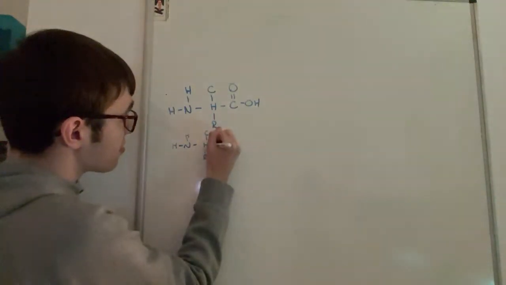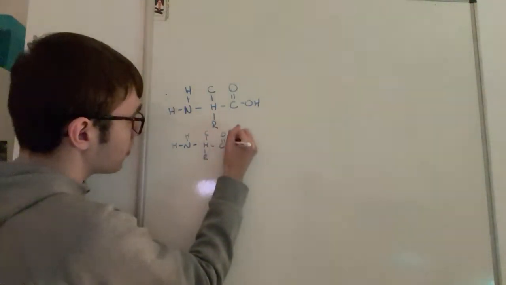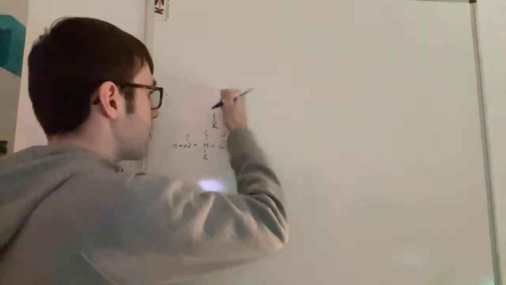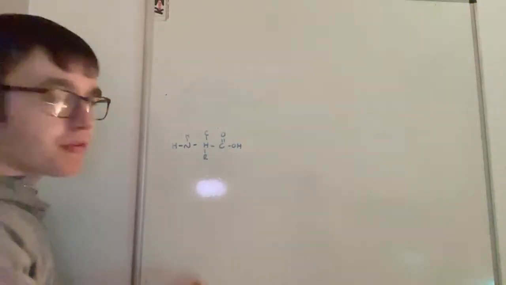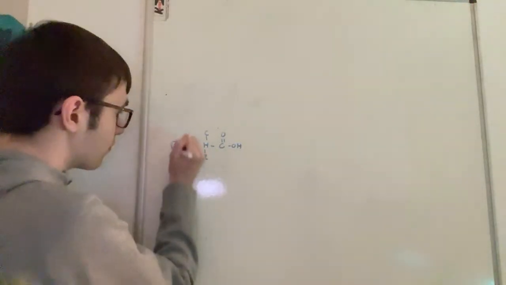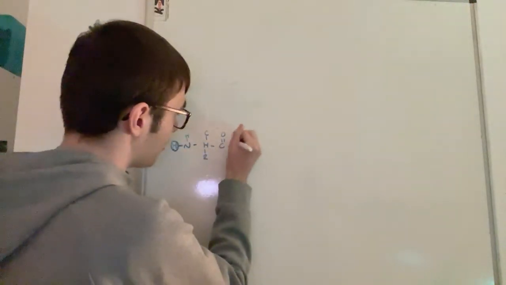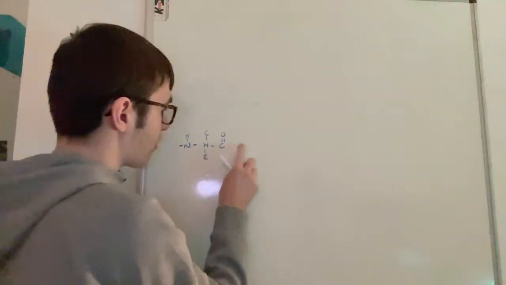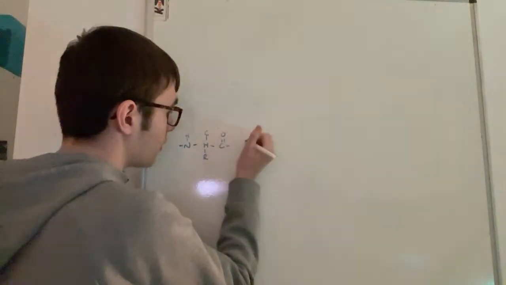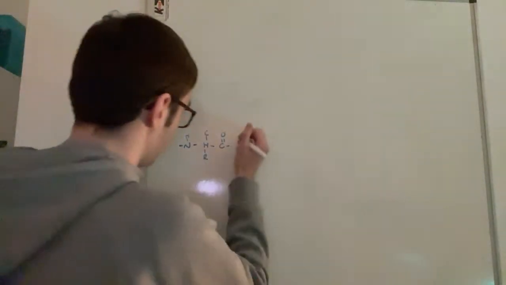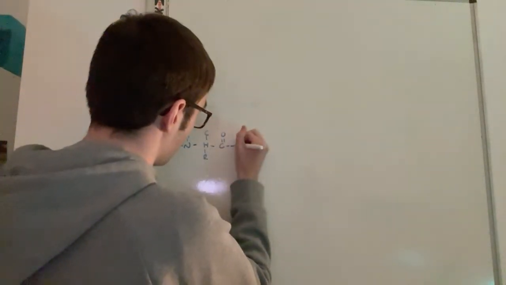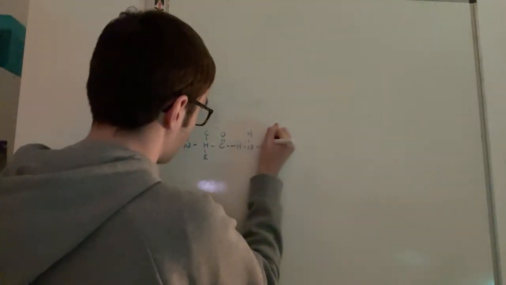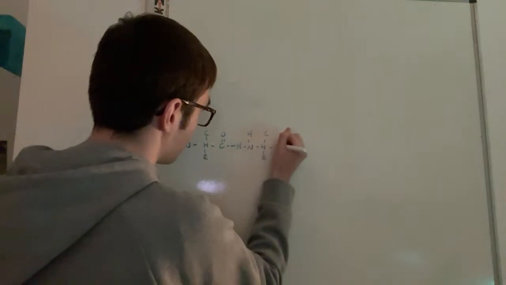So if we get one of these here, if we get one of those, then what we see happening is the hydrogen from the amine group and the OH from the carboxyl group basically get removed, and this allows it to join up with another amino acid. Like so.